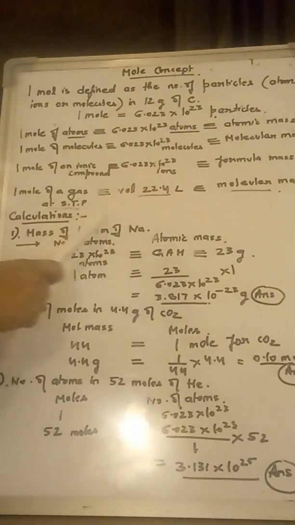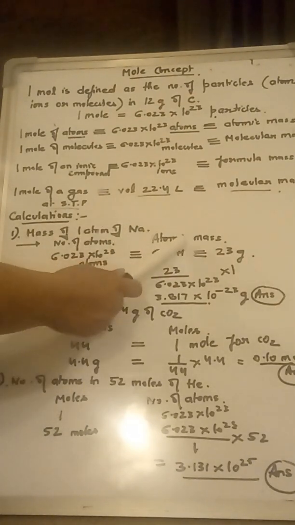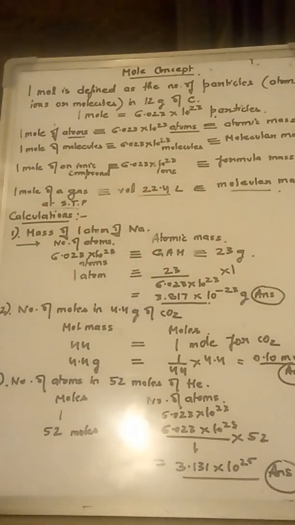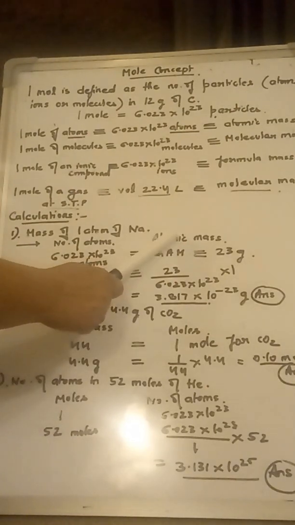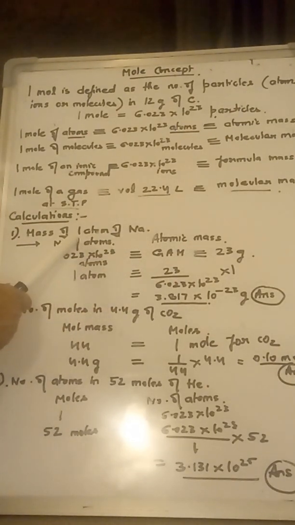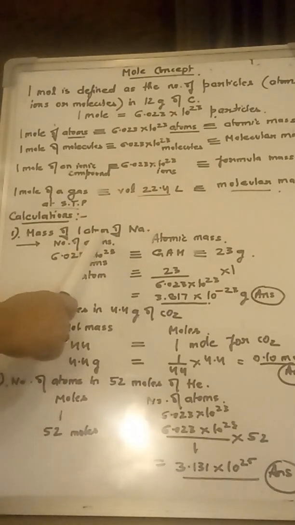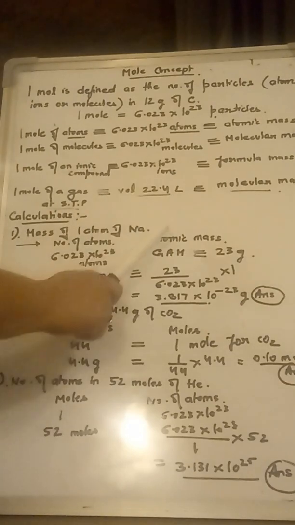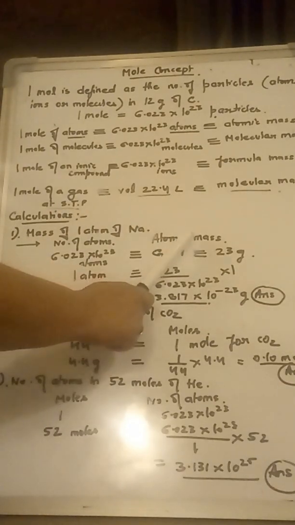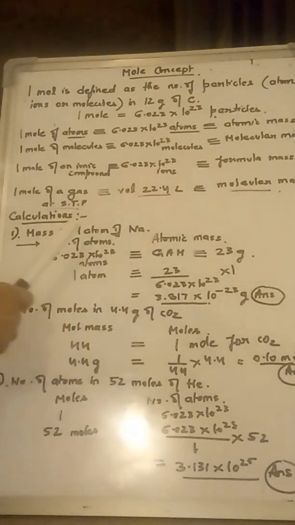Since the sodium atom is being talked about here, the mass is the atomic mass. If you talk about a molecule, then the mass will be its molecular mass. Since they are asking the mass of one atom of sodium, you put atomic mass on the right hand side and number of atoms on the left hand side.